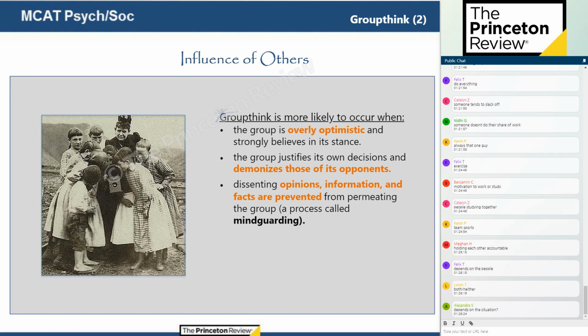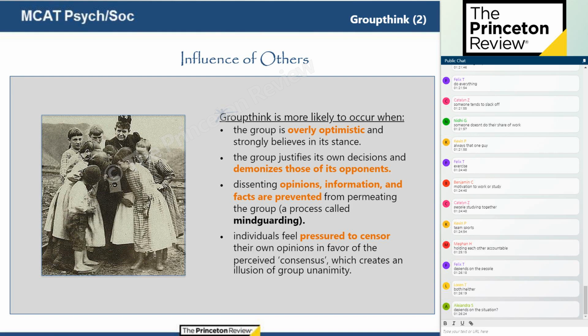And any dissenting opinions within the group are quickly squashed. The group itself prevents alternative opinions, beliefs, information from being even presented. And the individuals within the group feel the pressure to keep their own thoughts and opinions to themselves.